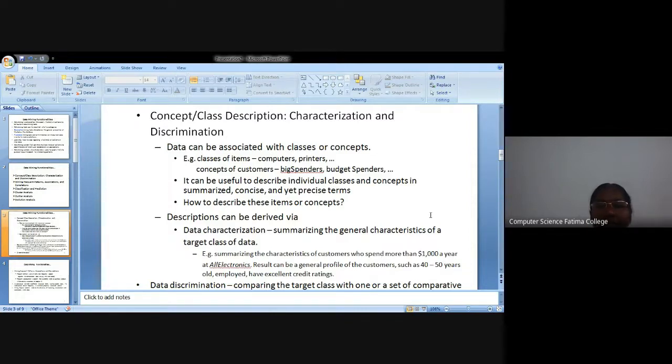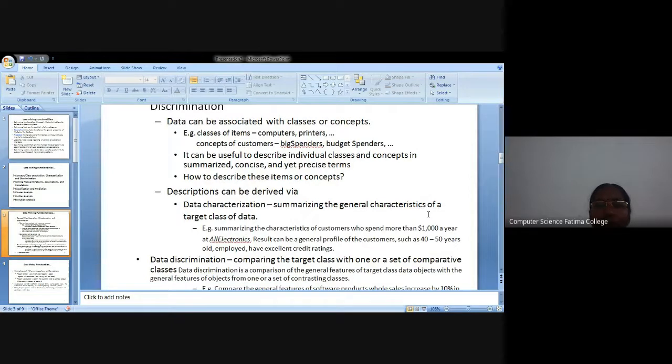Data discrimination is comparing the target class with one or a set of comparative classes. Here, data discrimination is a comparison of the general features of the target class data objects with the general features of objects from one or more contrasting classes.